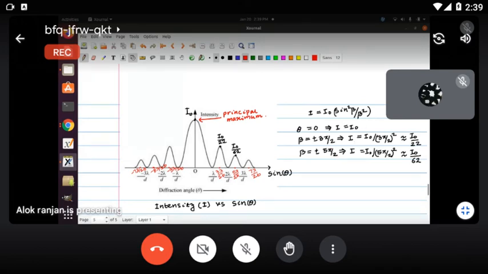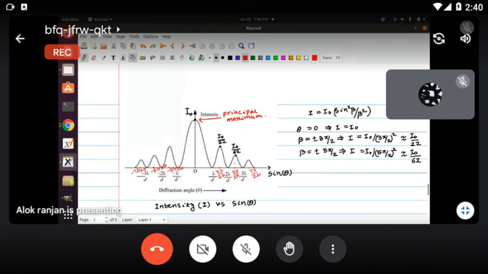That I have represented. This is the principal maximum, then the secondary maxima have intensity I naught over 22, and the third maximum will have intensity I naught over 62.